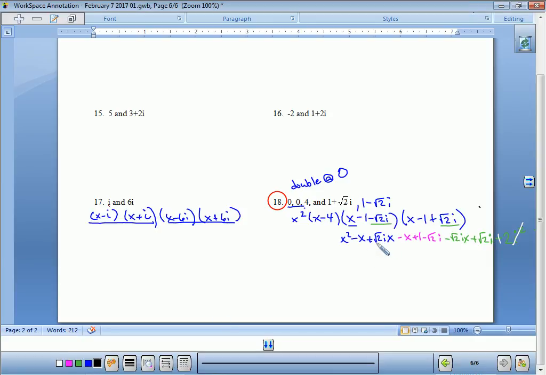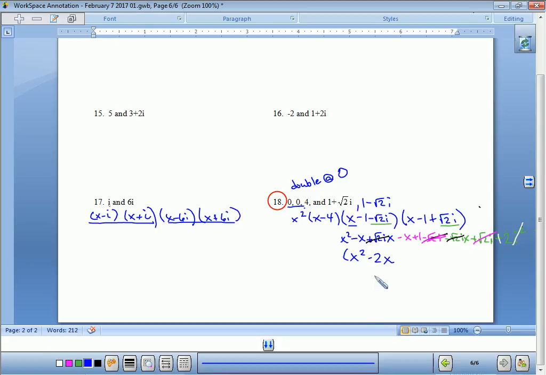So now we're going to do our canceling. A positive root 2ix and a negative root 2ix. A negative root 2I and a positive root 2I. That's it. And all the imaginaries canceled. Alright, so x squared, negative x, negative 2x.